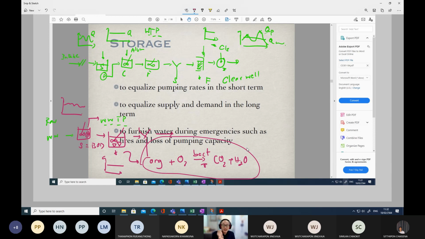So in order to keep preferable conditions for the bacteria or living organisms, we need to supply the wastewater into the plant with a constant flow rate. But entering the storage, there may be flow variation. So it's just like the case of the water treatment plant.